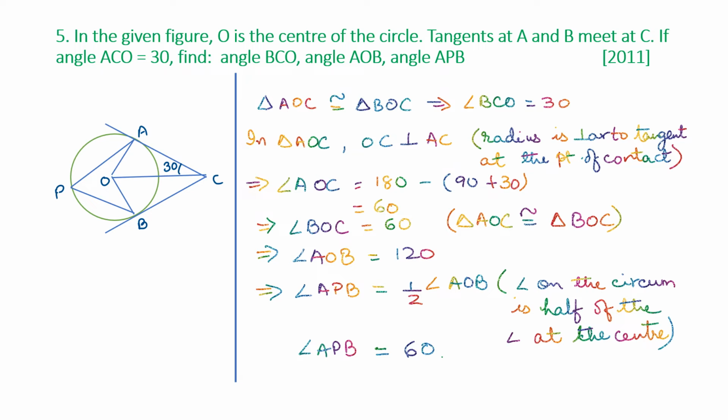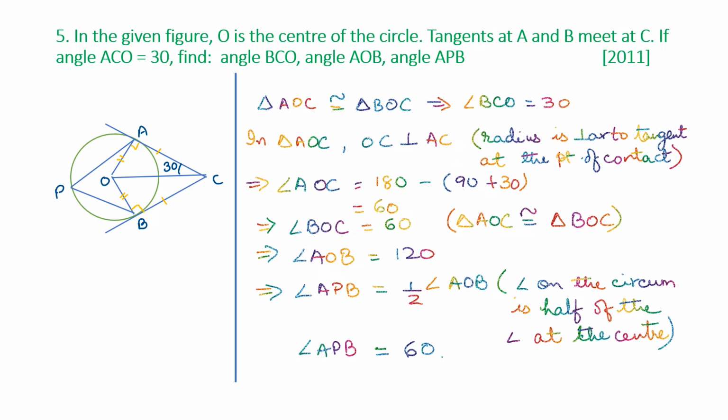First, I hope you remember that triangle AOC is going to be congruent to triangle BOC. Why? Because this is the radii you have, this is equal to 90 degrees, this is equal to 90 degrees, and the tangents are of equal length, meaning this is equal to this.